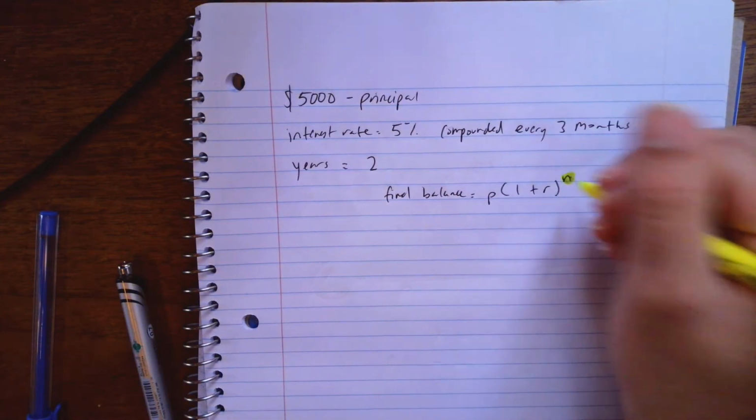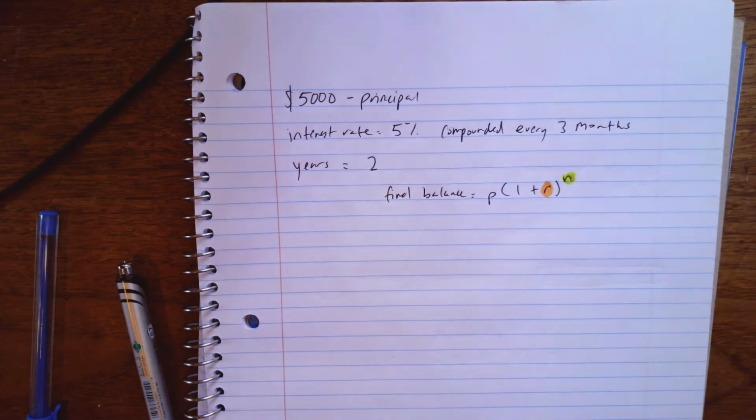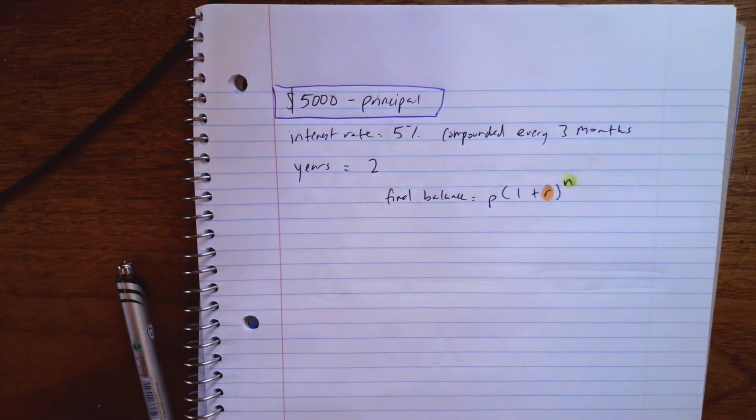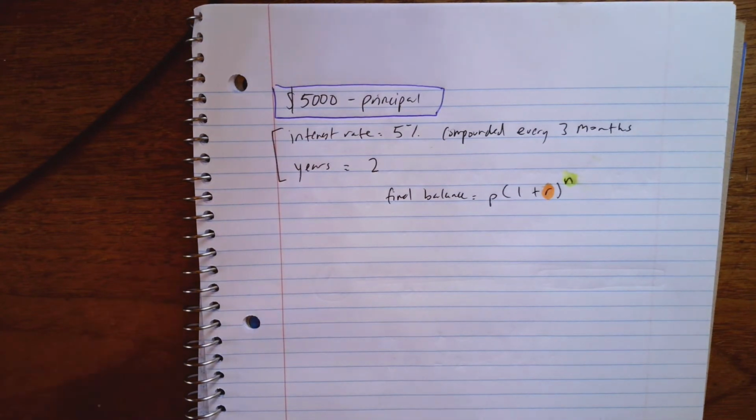The r and the n. Do we have to do anything to the principal, the p? No. Principal's set. We can put it in its own little box. We don't have to touch this. The two that we're concerned about are these two right here. Okay.